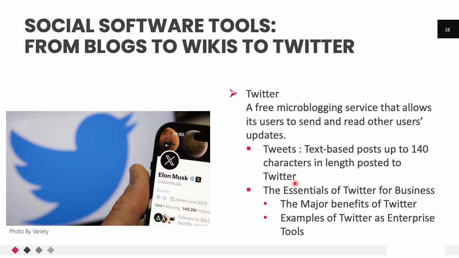Okay, so Twitter. You know that Twitter is a free microblogging service. It allows short posts, tweets, that are now 280 characters, and they offer instant updates, whether it's news, memes, or hot takes.